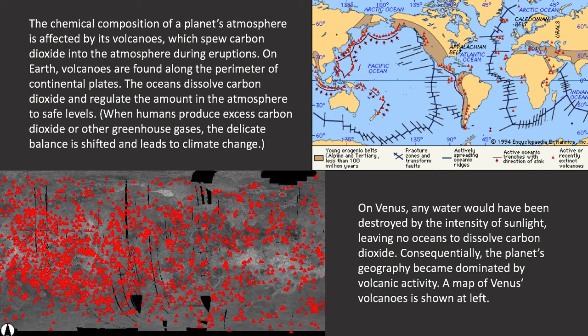Volcanic eruptions produce carbon dioxide into the atmosphere. We have a significant number of volcanoes on the Earth, but it's nothing compared to what's on Venus. The picture on the bottom left is a map of volcanoes on Venus, and you can see that it's entirely covered with volcanoes. And so the extreme amount of volcanic activity has dominated the atmosphere of that planet.